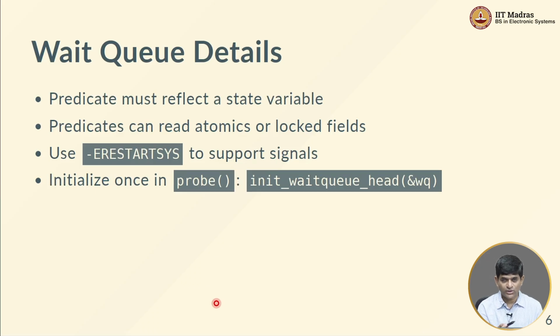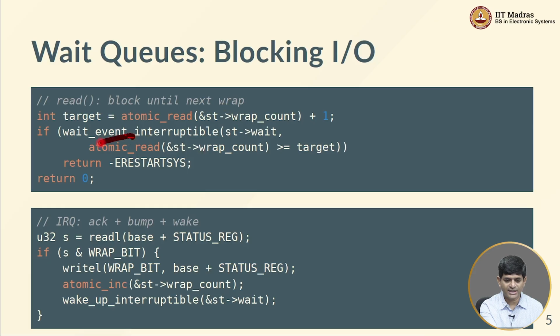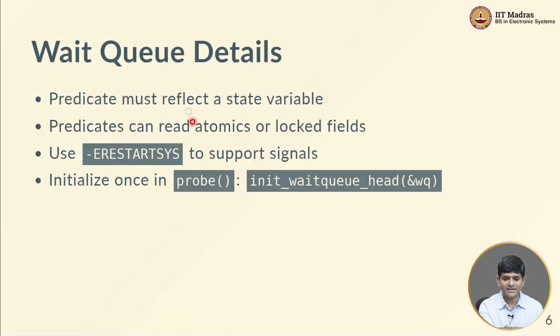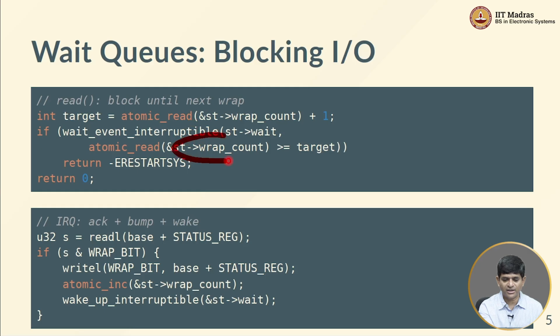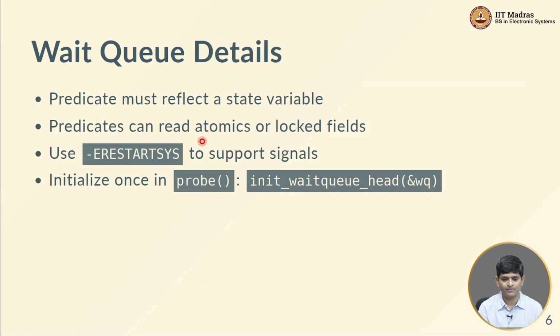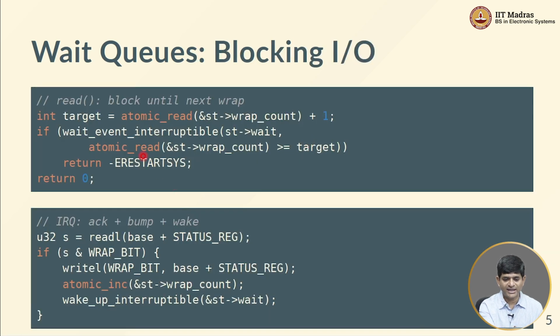So, just to review that, the predicate is this part over here, this atomic read, etc. It must reflect a state variable. In this case, my state variable is the wrap count, which is keeping track of something related to the state of the IRQ handler. It can read atomics or locked fields. In this case, I am doing an atomic read of a parameter that I have, so that is okay.